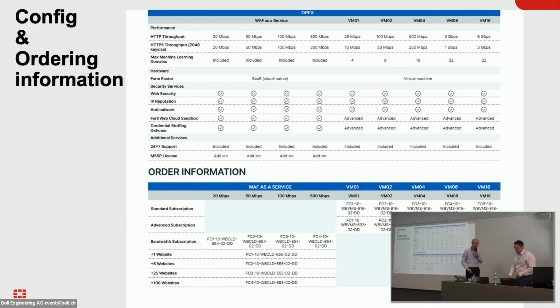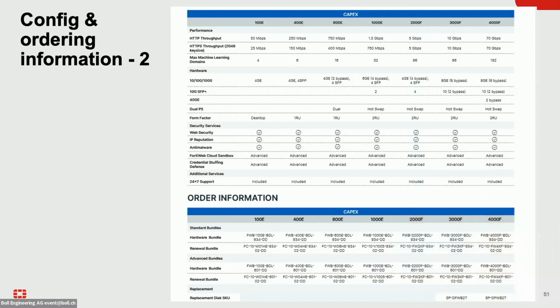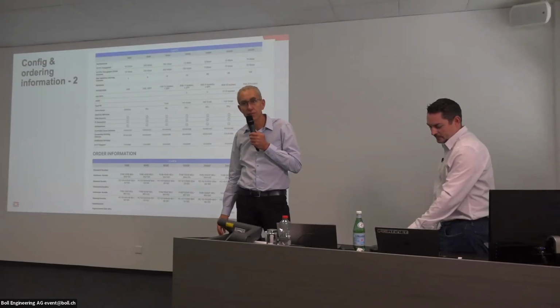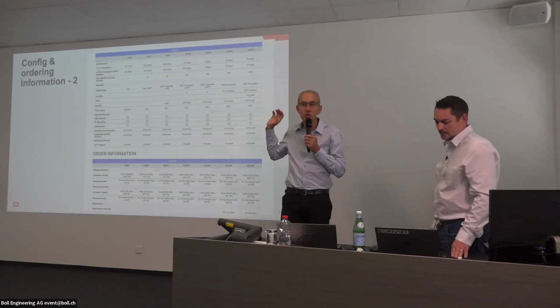If you go to the next slide, we have the VM, same thing for VMs. Sorry, that was the opposite. VM was the first slide, and that is the physical appliance. And if you need the performance on each of them, just ask, and we give you the performance data too. So this was to answer the second question, more about the form factor, the features, and how to order.